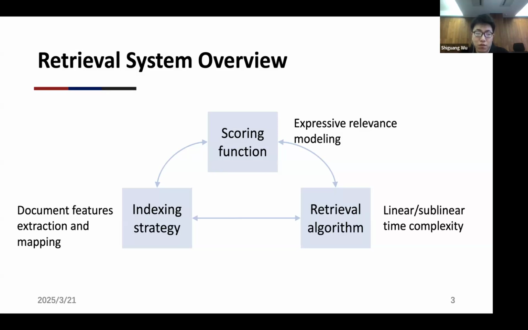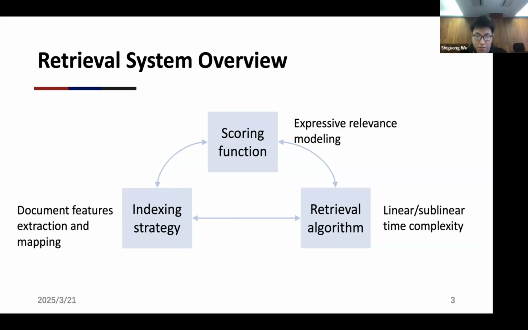First, we think about the scoring function, which is your theoretical modeling of how you compute the relevance between query and document. It should be simple enough for easy implementation, but also very expressive for the accuracy of the retrieval system.